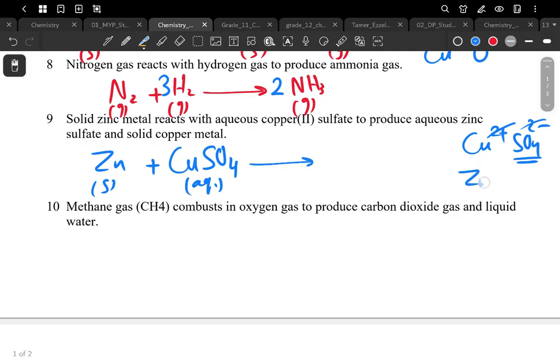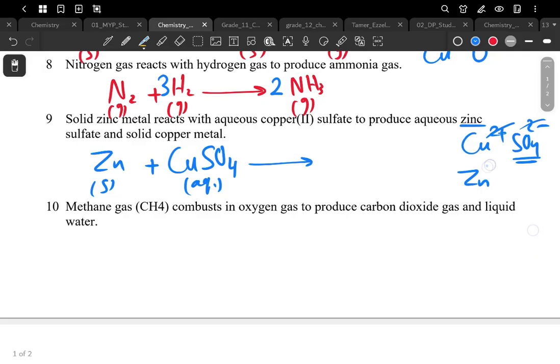This zinc sulfate, guys, you can see it, the question didn't mention the oxidation state of zinc. Why? Because zinc always has a charge of 2 positive. Memorize this. So we said before, silver Ag has a charge of positive 1, zinc has a charge of positive 2. Always, it doesn't have any other charge in any chemical reaction.